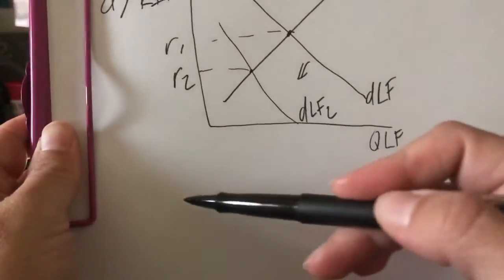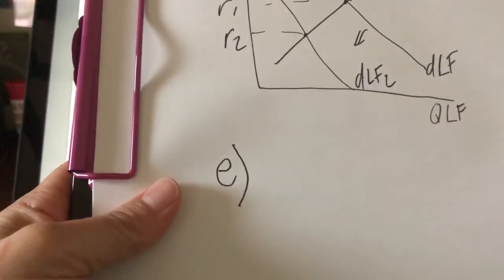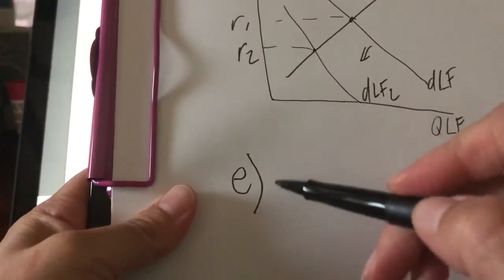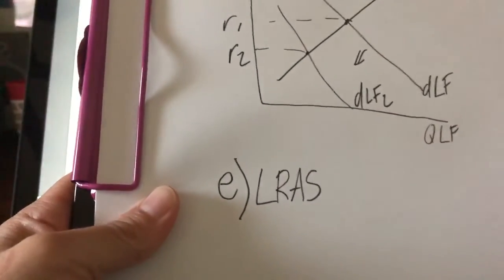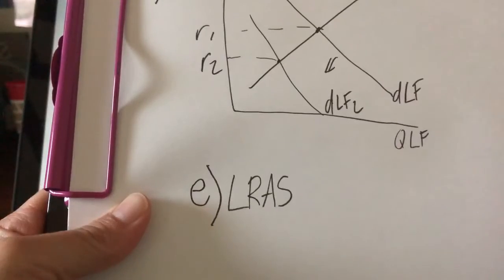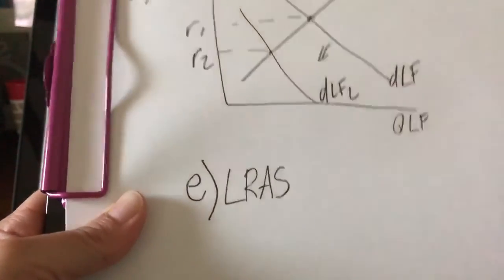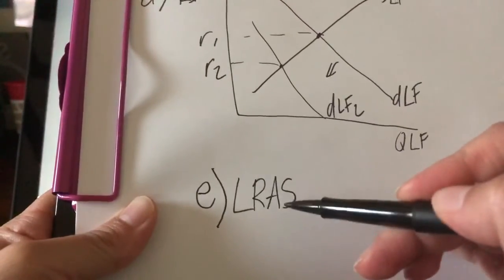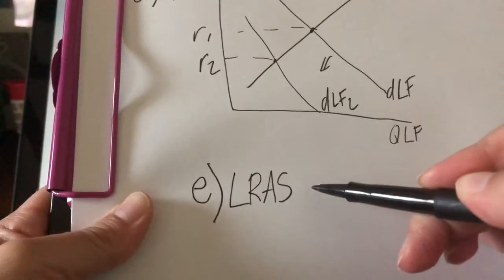And so what we have to write in part E is what's going to happen to that long run aggregate supply curve. Now we're going to see that more funds are going to be available, so businesses will borrow. Capital formation will occur. So this long run, now they have more money to produce stuff, so that curve will shift to the right. GDP will increase.